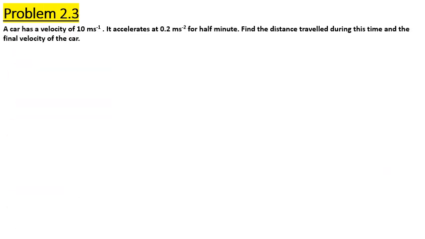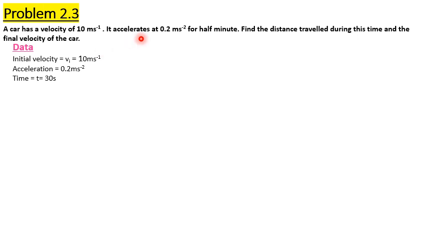Problem 2.3. A car has traveled with a velocity of 10 meters per second. It accelerates at 0.2 meters per second square for half a minute. Find the distance traveled during this time and the final velocity of the car. In this statement, a car has an initial velocity of 10 meters per second.